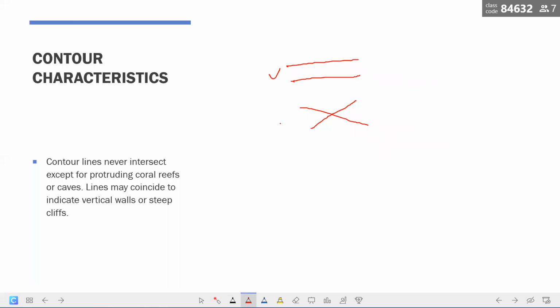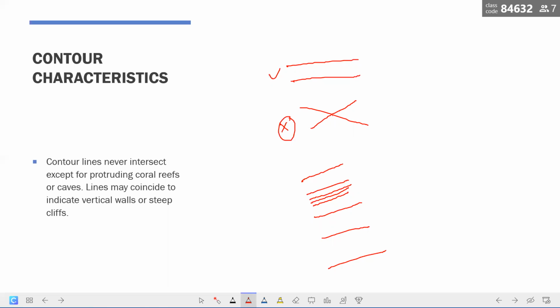That's a big no-no right there. Lines may coincide, they may come together, indicating vertical walls or steep cliffs. You already know that the different line distances indicate different grades or different levels of steepness.